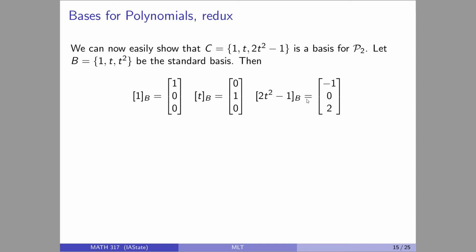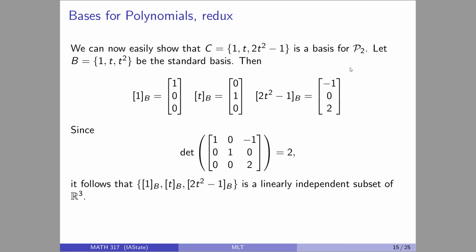Note that the coordinates with respect to the standard basis for the Chebyshev polynomials are as follows. So, these can be represented as follows there. Now, that matrix that you can form by gluing these all together has a determinant of 2.